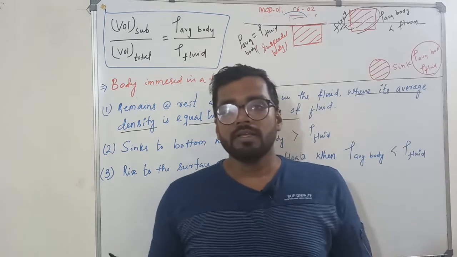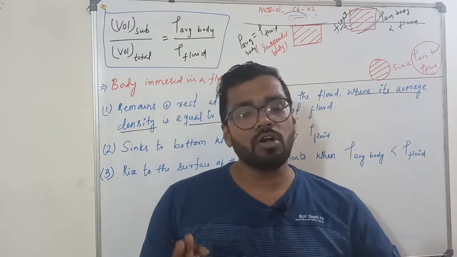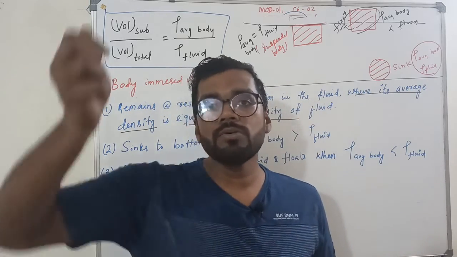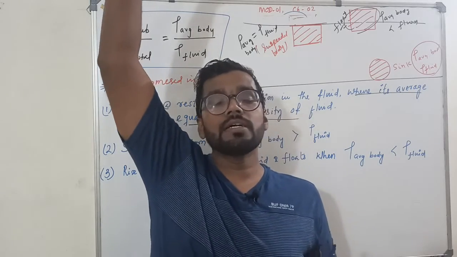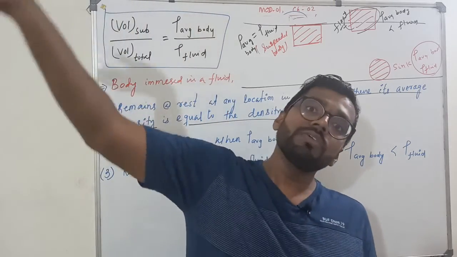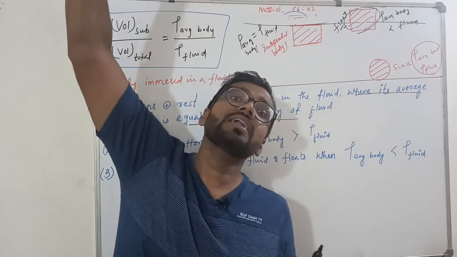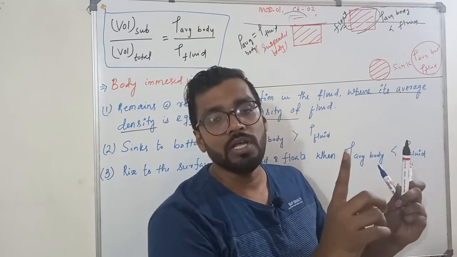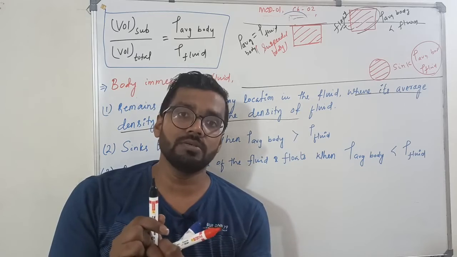See, fluid means air also. Your hot air balloon or your helium balloon, what do they do? Their density is less. So if you release them in the atmosphere, they will move upward until the average density surrounding the balloon is equal to the density of the balloon, that is, the density of the helium.